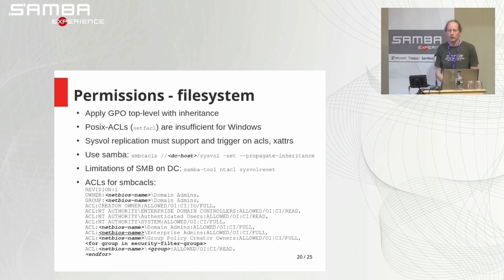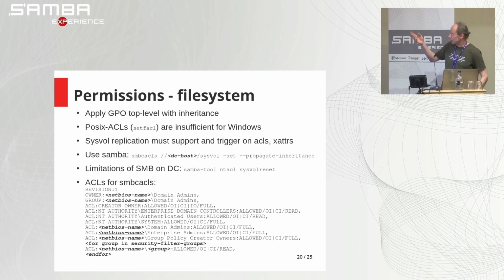POSIX ACLs are limited somewhat. So that doesn't work. And of course, it must be equal on every domain controller, because you never know from which one the policy gets fetched.